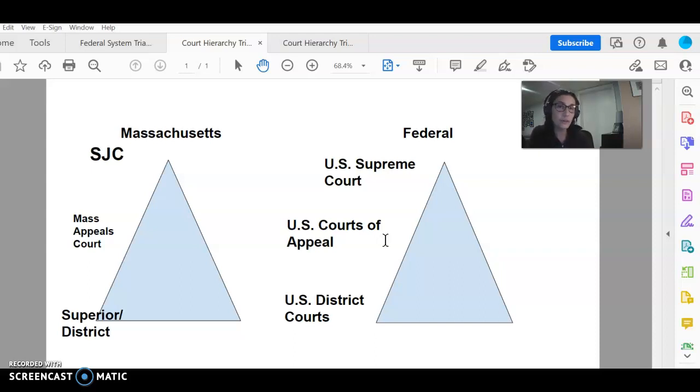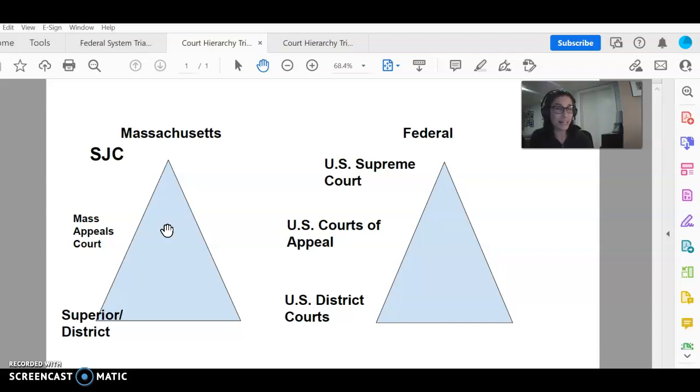In this context, the word mandatory is sometimes called binding authority, so it's mandatory authority or binding authority. If my client is right here in Massachusetts Superior Court, when I conduct research, any case that I find that is in my jurisdictional line and is a higher court than what my client is in is called mandatory binding precedent.